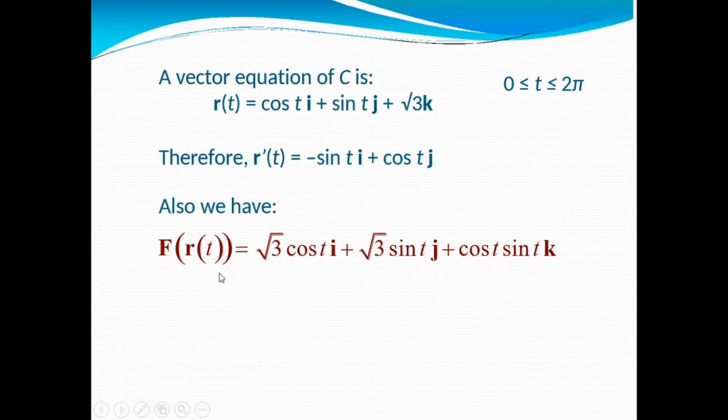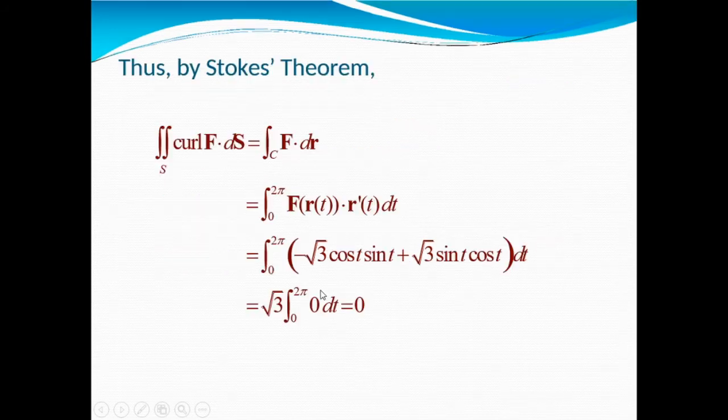So these are the three values when we take the function with respect to the vector equation r of t. So now we have F of r of t and we have r dash t. Now using these two we will find the value.